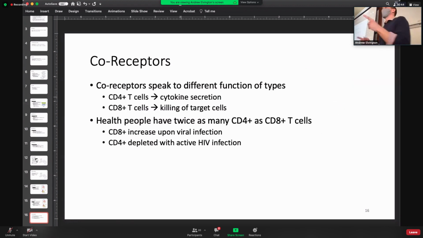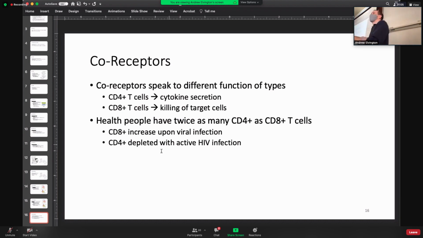Those co-receptors, because we have T cells that can only express one or the other, give us the ability to separate function. T cells that express CD4 are related to cytokine secretion, T helper cells. Those that express CD8 are related to cellular killing, or cytotoxic T cells.